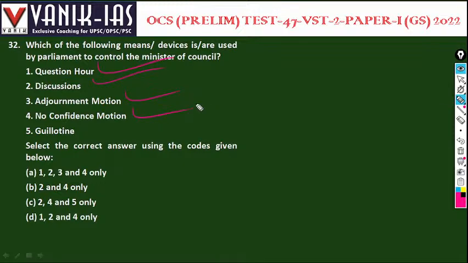These four are used by a particular MP to control the Council of Ministers.